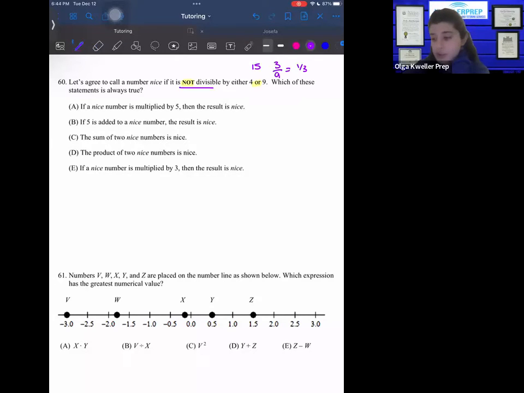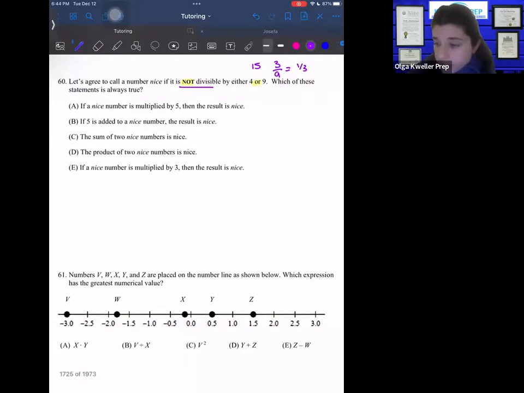So let's look at our answer choices. For example, if a nice number is multiplied by 3, then the result is nice. We can think of a number that's a nice number, let's say the number 6. 6 is not divisible by 4 or 9. But if we multiply it by 3, we get 18.